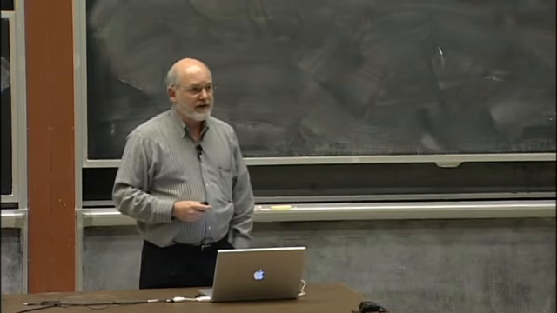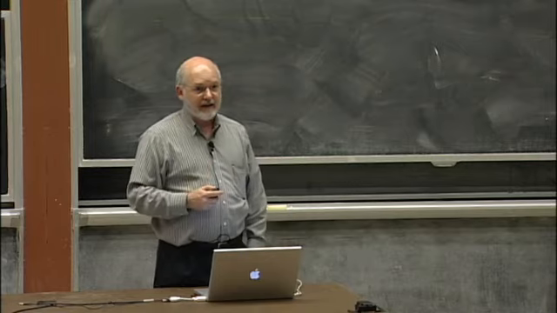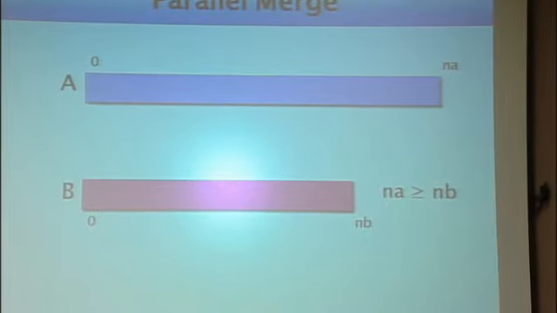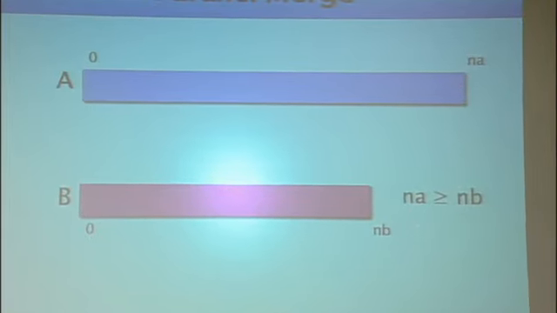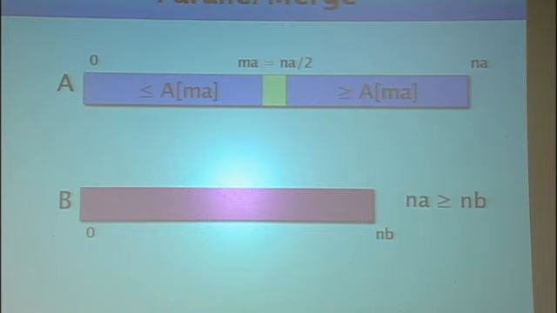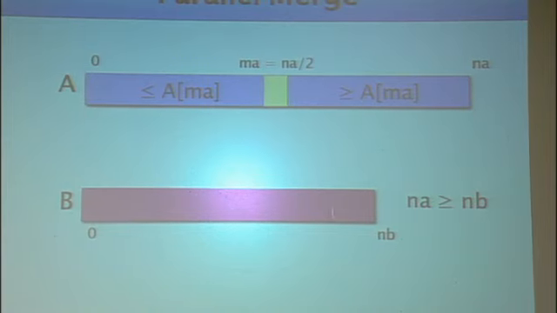We're going to look at merging two arrays of possibly different length. One we'll call A and one we'll call B, with NA and NB elements. Let me assume without loss of generality that NA is greater than or equal to NB, because otherwise I can just switch the roles of A and B. The way I'm going to do it is find the middle element of A. These are sorted arrays that I'm going to merge.